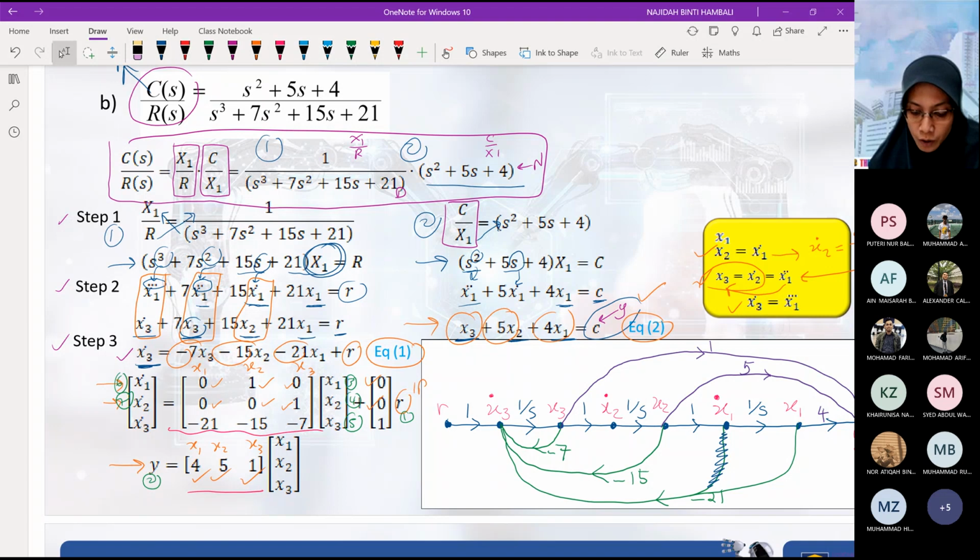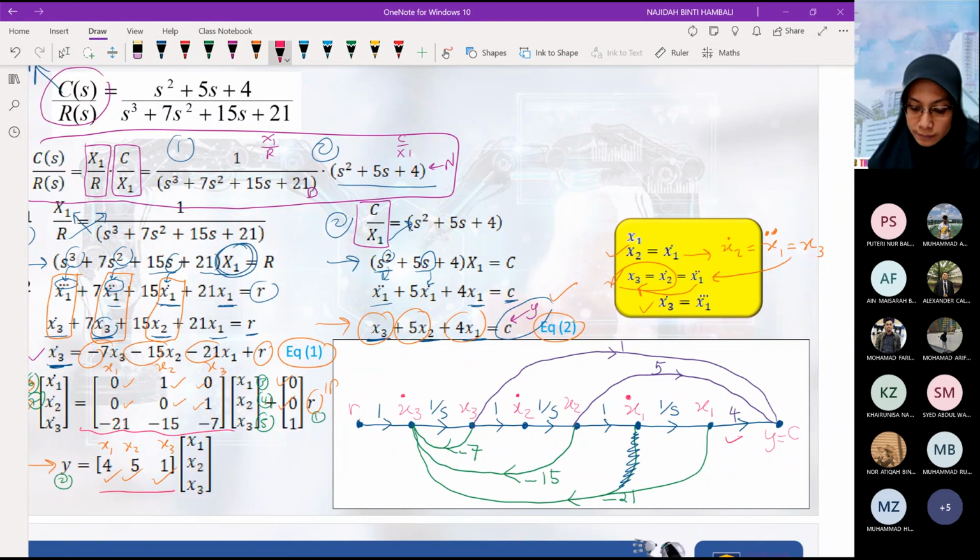So 4x1, and then kita ada 5x2, and then the last one kita ada 1x3. So connection between y and x1, the gain is 4. Connection between y and x2, the gain is 5. Connection between y and x3, the gain is 1.